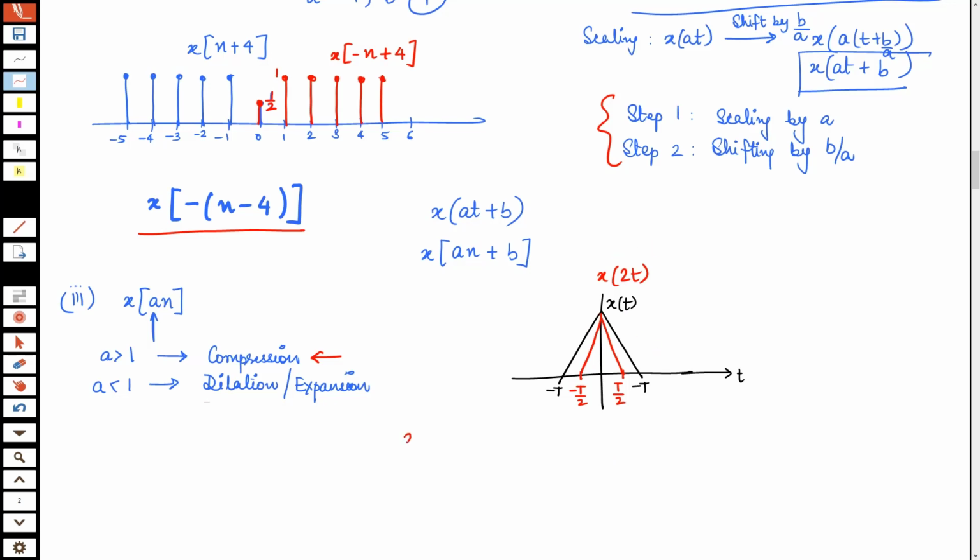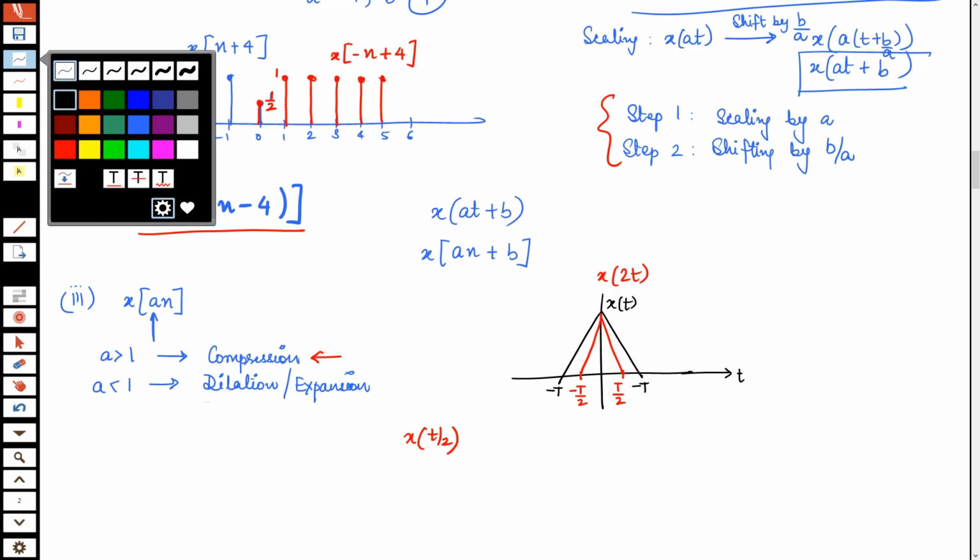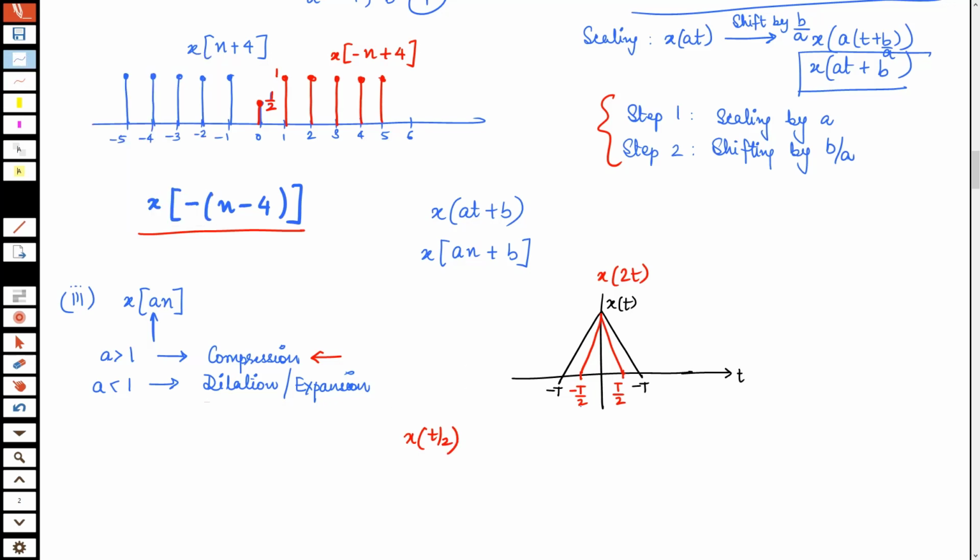Similarly, if we said sketch x of t by 2, so it should cause dilation because its value is less than 1. In that case, if this is t, the shape remains the same, the signal is just expanded. And now the signal looks something like this.